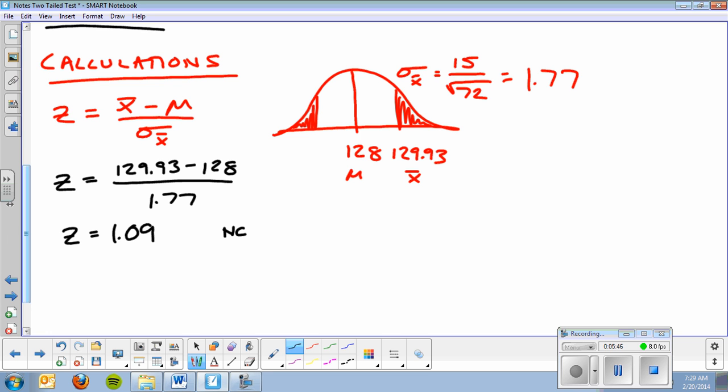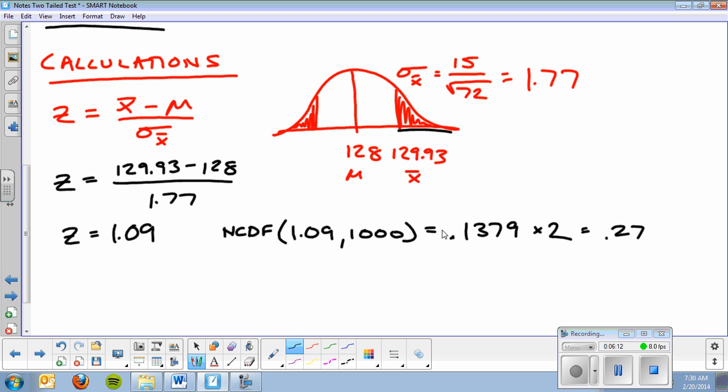I type that into my calculator, normal CDF. Since that's a positive z-score and I'm going to the right, I use 1.09 as the lower bound and get a p-value of 0.1379, which I'm going to double because it's a two-tailed test, giving an overall p-value of 0.2757, which right now we know is very high.